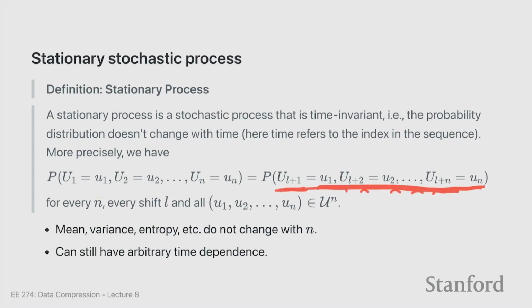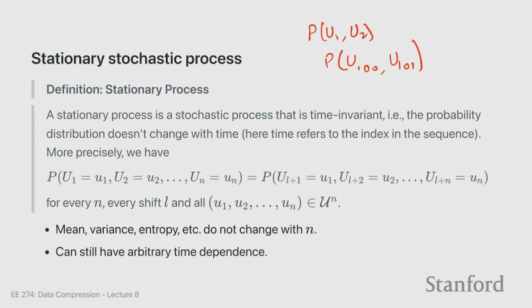This is just saying that if you shift, as an example, P of U1, U2 will have the same distribution as P of U100, U101. So same distribution. A stationary process must satisfy this sort of thing, where wherever you are in your time series, it will have the same joint distribution.